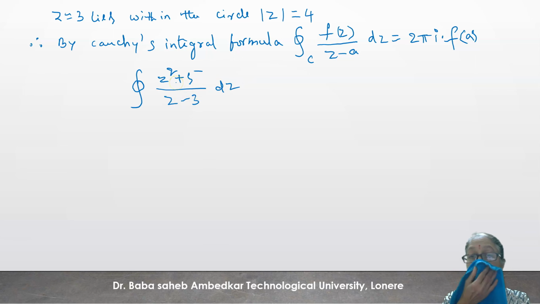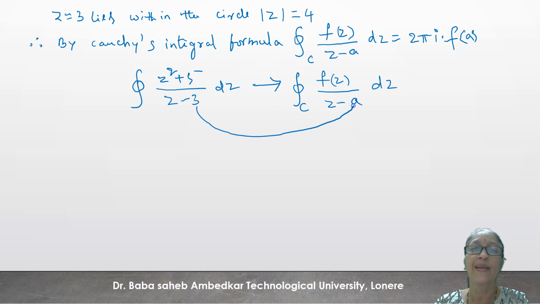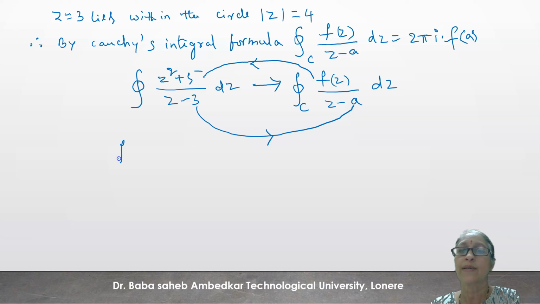So here z square plus 5 is f(z). If you compare this with contour integral f(z) by z minus a dz, what do you observe? Here the value of a is 3 and this one is f(z). So here f(z) equal to z square plus 5, and a equal to 3.